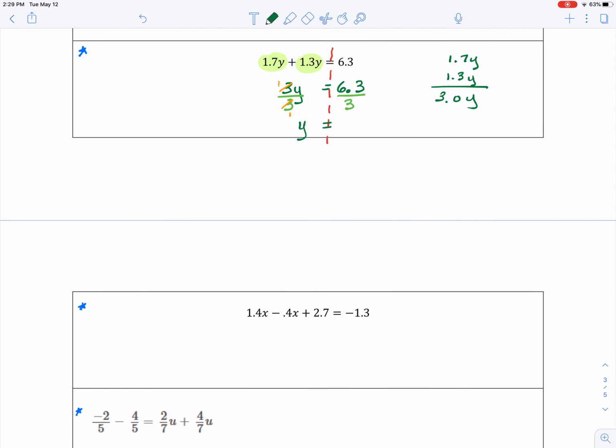And then when I do the division on the right, you'll see that I end up with positive 1y equals 2.1. So I would leave it in decimal form because we started in decimal form.